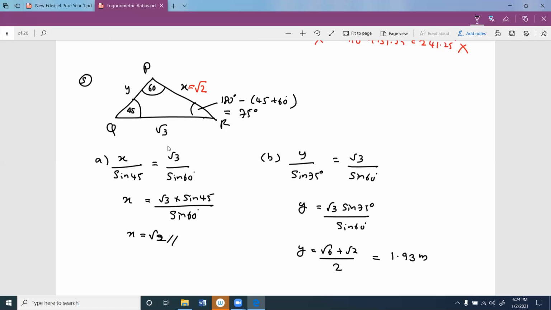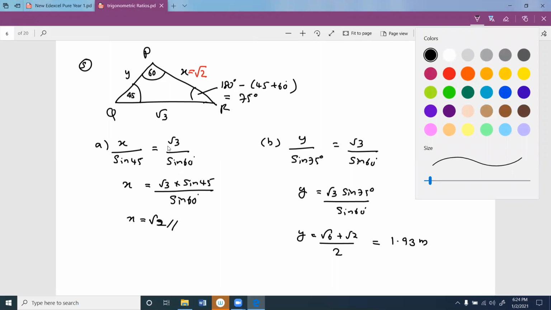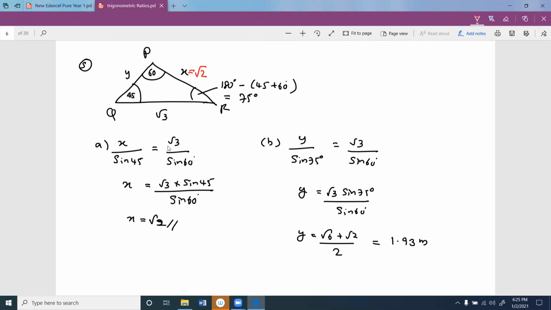So sometimes, if in the question they ask to find the exact solution, you'll write this answer. So this is the exact solution. Other than that, you can write this answer to the required number of significant figures in the question. Okay.